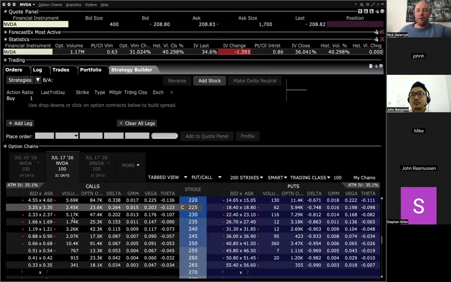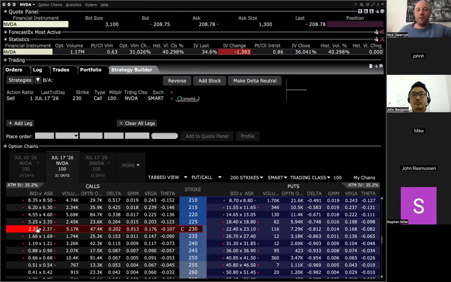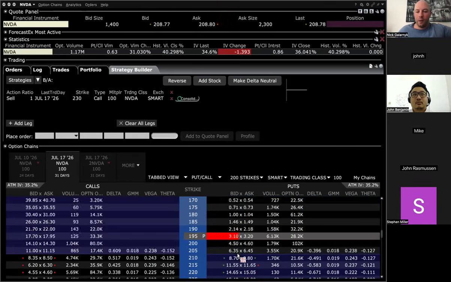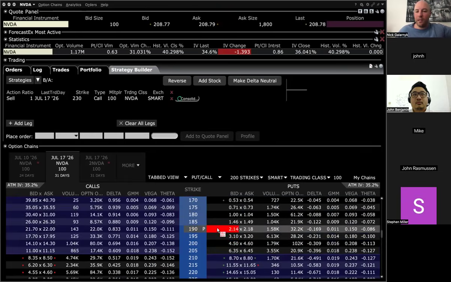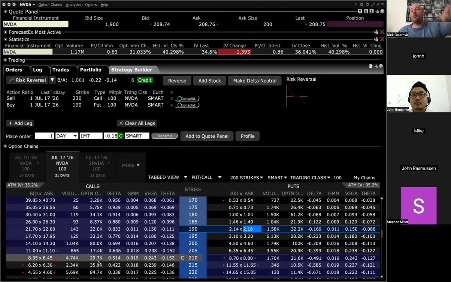So I'm going to sell, for example, the 230 call option against my 100 shares, and use that premium, roughly 235, to finance, let's say, the 190 strike put options. So I'm capping my gains at 230, but I'm also capping my losses at 190, right?